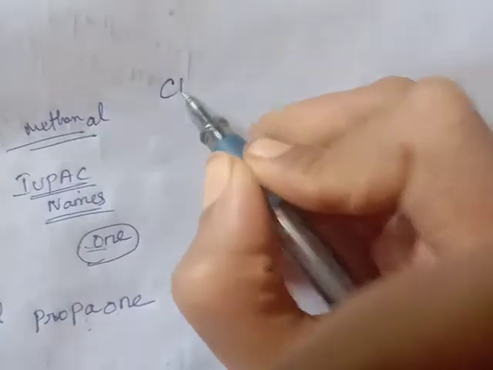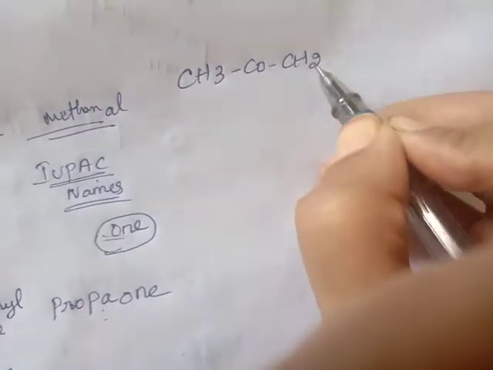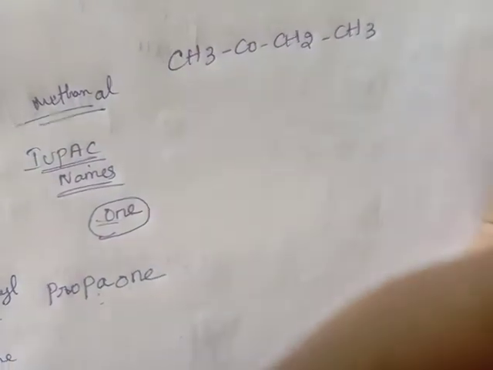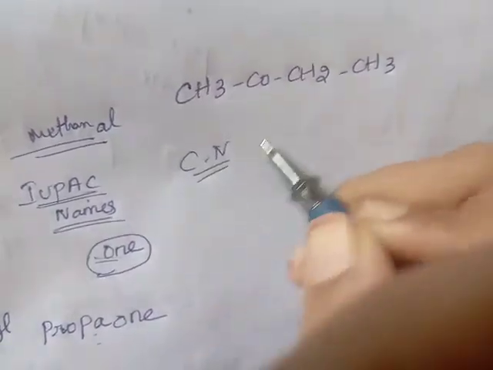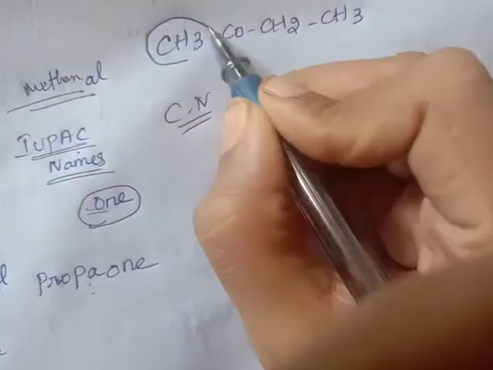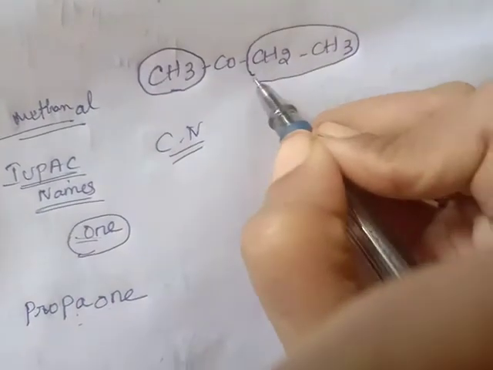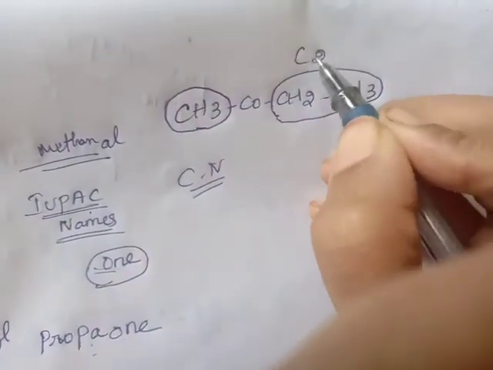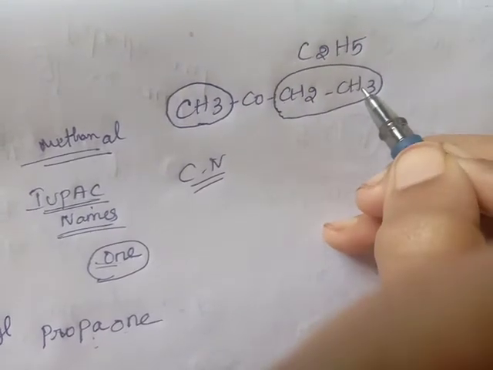Now another example. CH3COCH2CH3. Now what is the common name for this? One methyl group is present here and one ethyl group here. The ethyl group formula is C2H5. Here 2 carbon and 5 hydrogen are present.